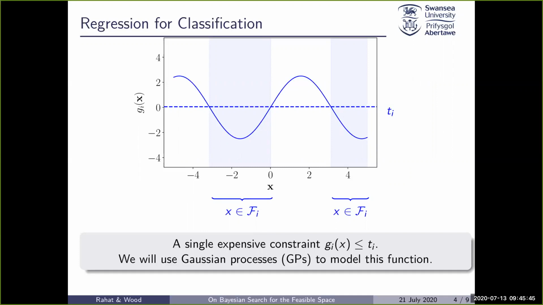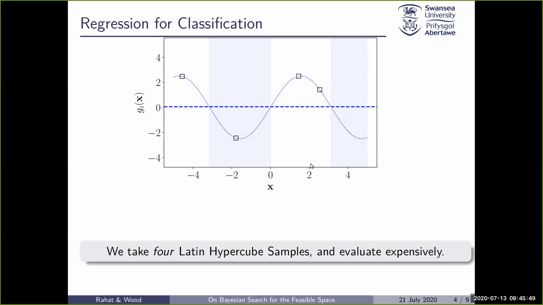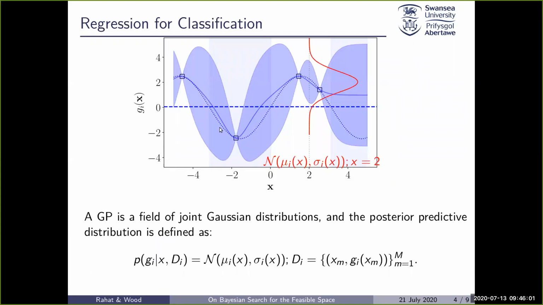and we'll see how useful they can be in this context. Of course, we don't have access to all these data points, so what we do is take and select a few x's where we are going to run this gi of x expensively. And once we have that data set, we train a Gaussian process model.